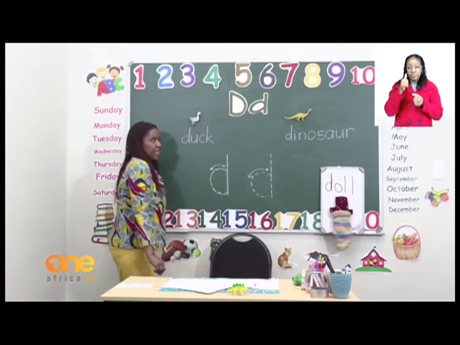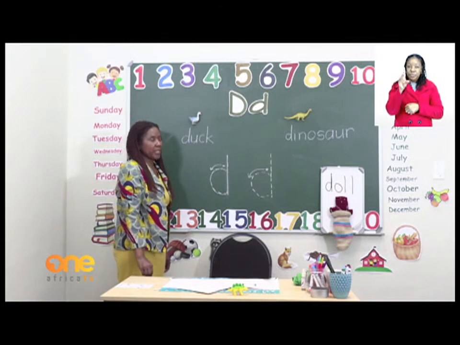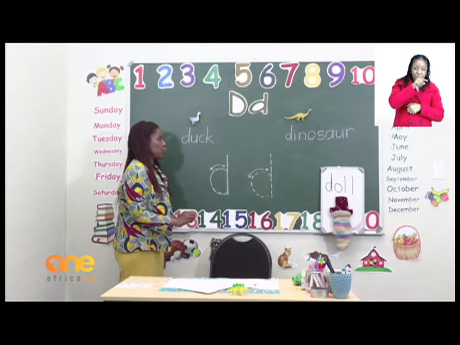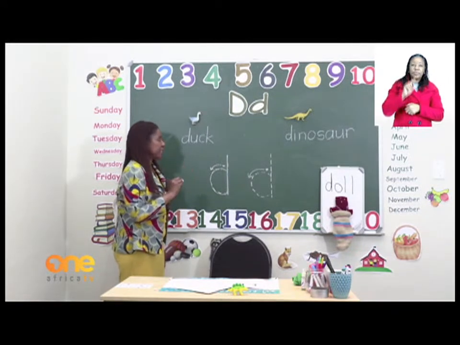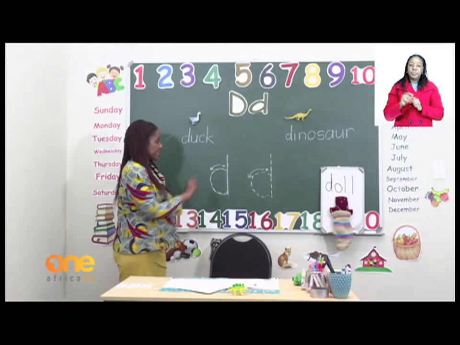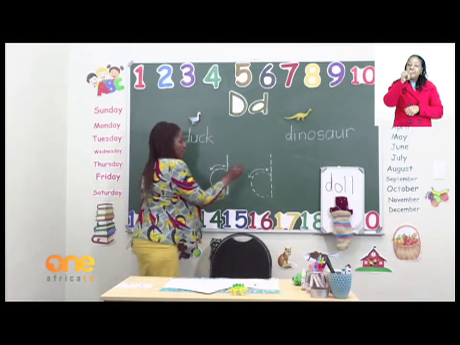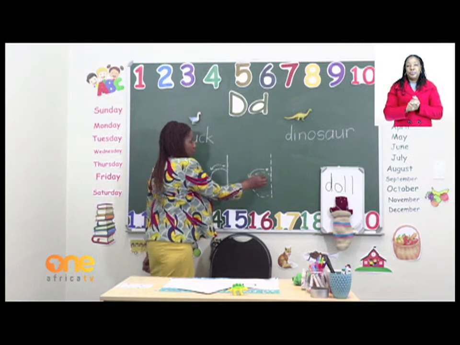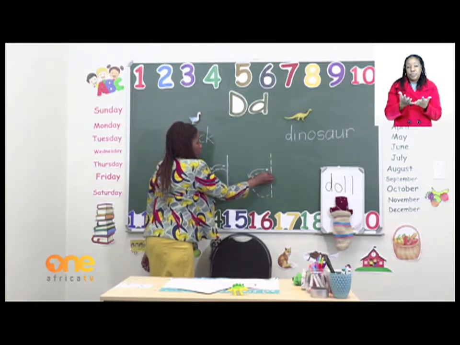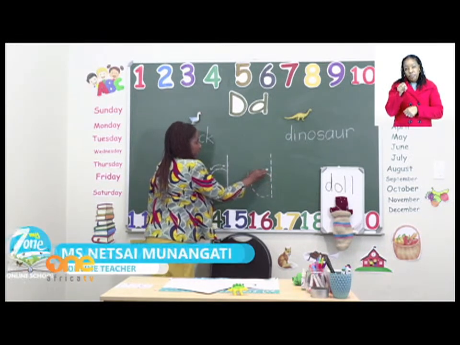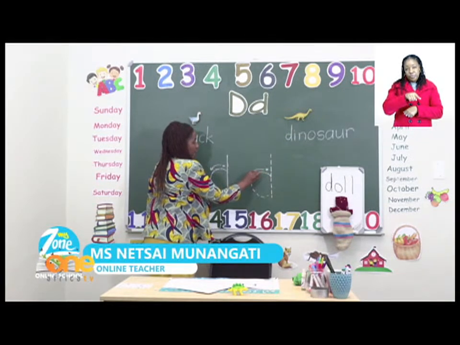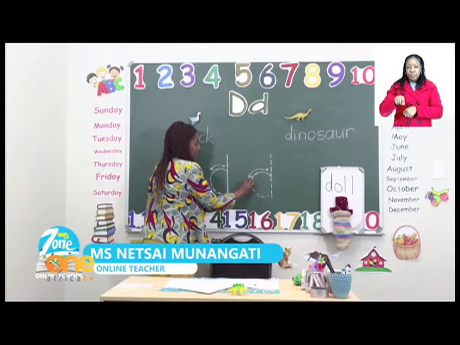As you write letter D, make sure that you do not lift your hand or your pencil. Let me try to demonstrate once more. We will start where the dot is. We go round following the writing direction, around the duck's tummy.